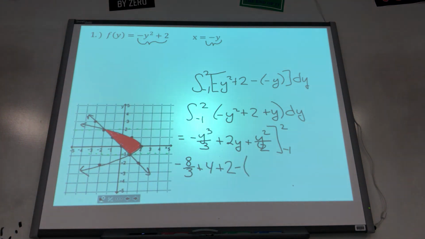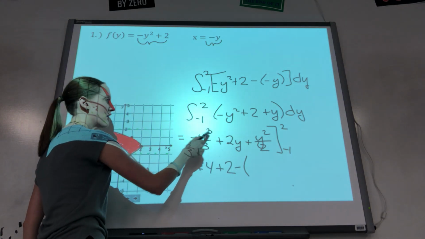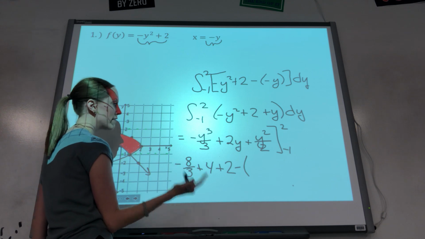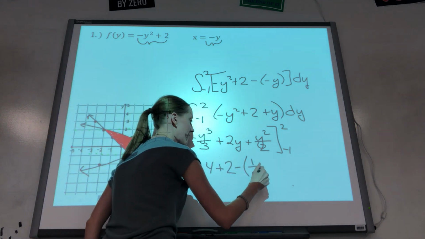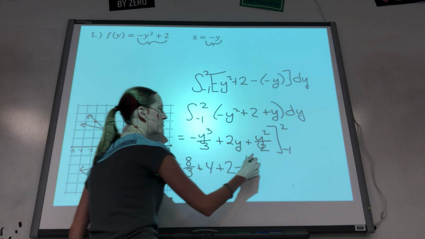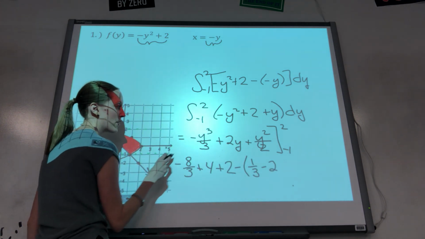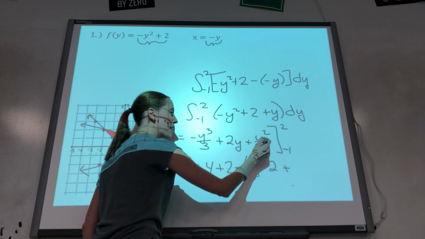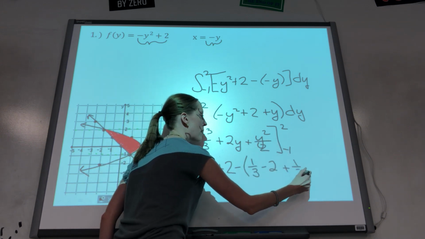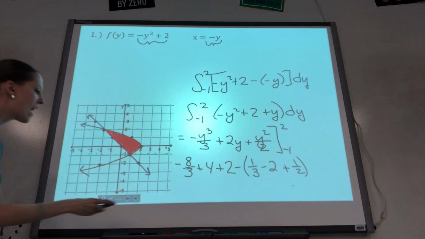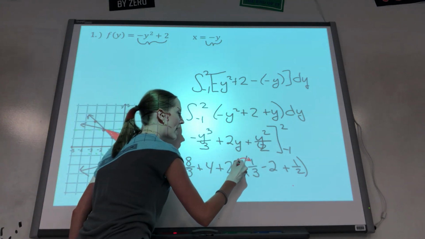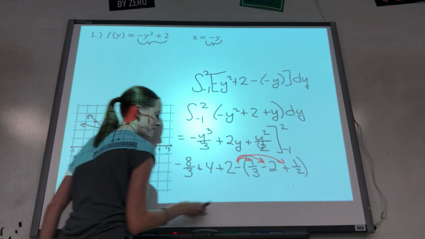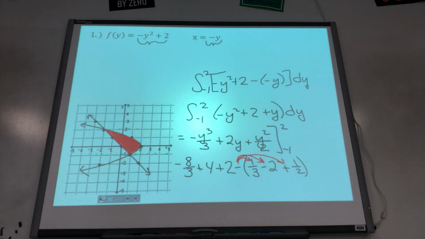Minus what you get when you plug in the -1. Now, -1 to the 3rd is -1. But there's another negative there, so right now in the parentheses, it's +1/3 minus 2 and plus, because when I square a negative, it turns positive, +1/2. Now, I'll probably go ahead and type this in, but I'm going to type it in with that minus sign being distributed.